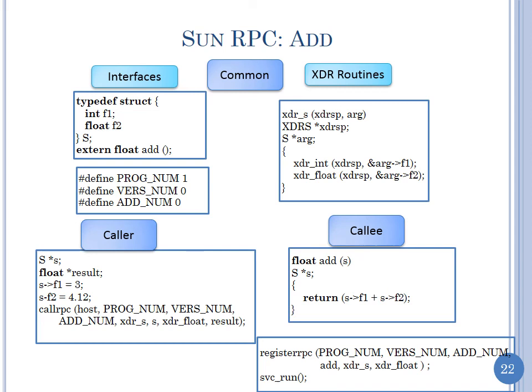It passes XDRS and XDR float, and register RPC also had XDRS and XDR float, so that we make sure that S is serialized and deserialized using the same routine, and as is the float. So we make sure that there's consistency of serialization and deserialization.